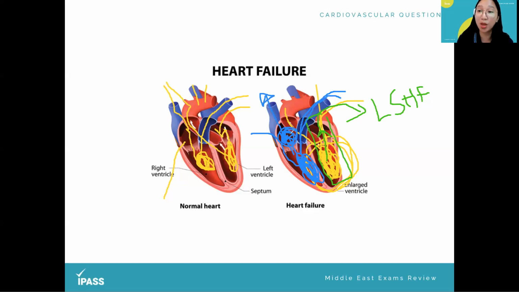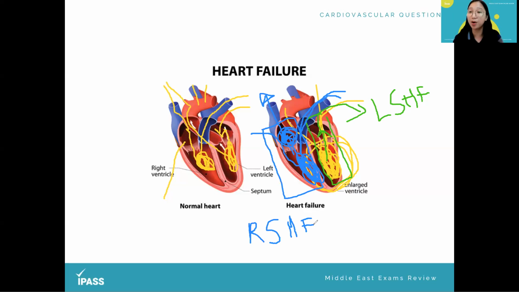When the blood regurgitates and backflows to the systemic circulation, and the origin is the right side of the heart, it is now called right-sided heart failure. The manifestations are related to the systemic circulation: dependent edema, problems in the liver, problems in the kidneys, weight gain, jugular vein distension.